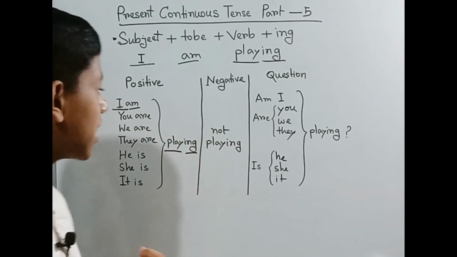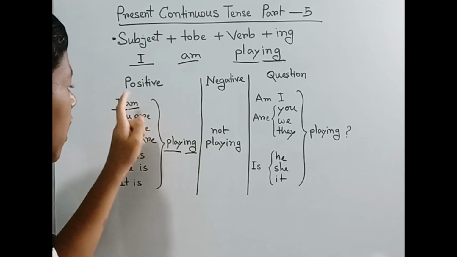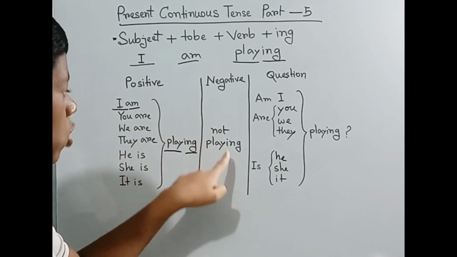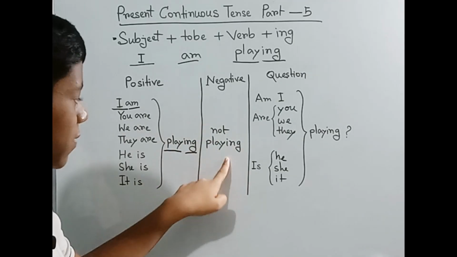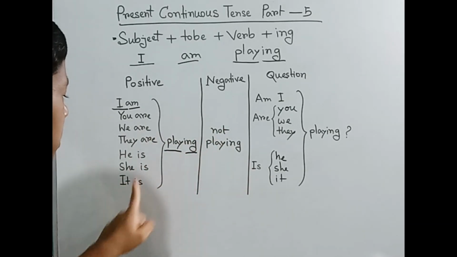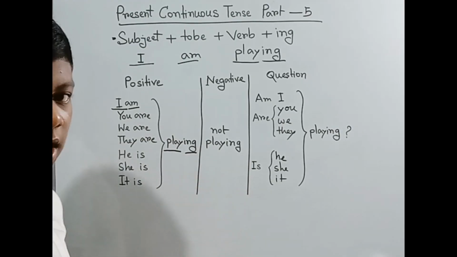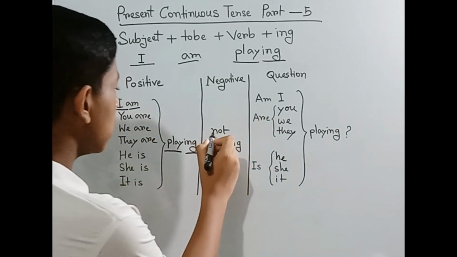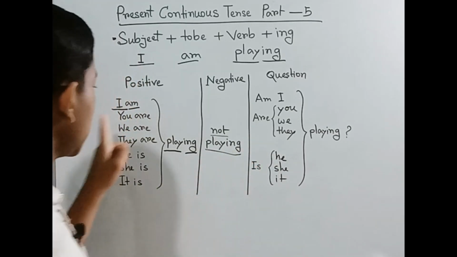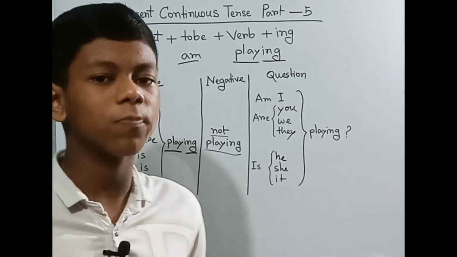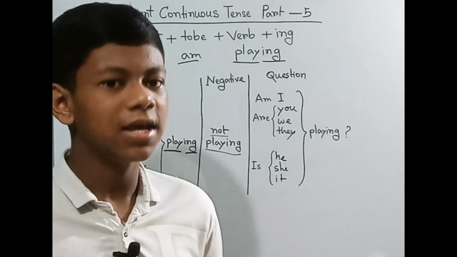For example, we can say I am not playing, you are not playing, we are not playing, they are not playing, he is not playing, she is not playing, it is not playing. You have to just add this. I am not playing, you are not playing, we are not playing, he is not playing, she is not playing, Arjon is not playing, like this.